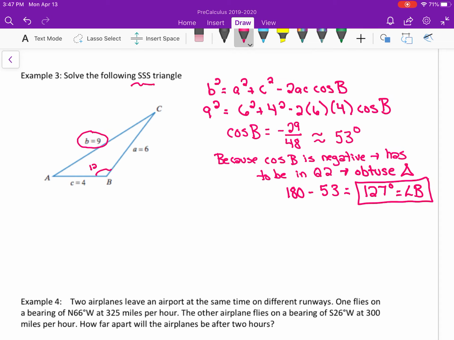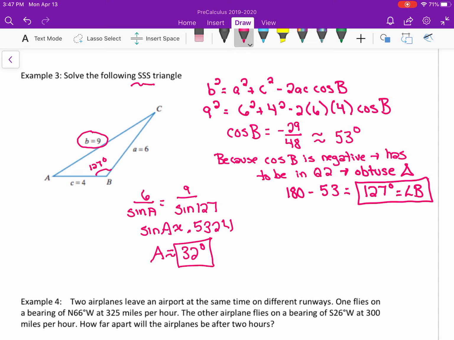All right, so we know that this is 127 degrees, and then we can pick any of the other ones. We could say 6 over sine of angle A equals, and now we know we have sine of 127 degrees. When you do your math all out, sine A is about 0.5324. So inverse sine that in your calculator, and you get about 32 degrees.